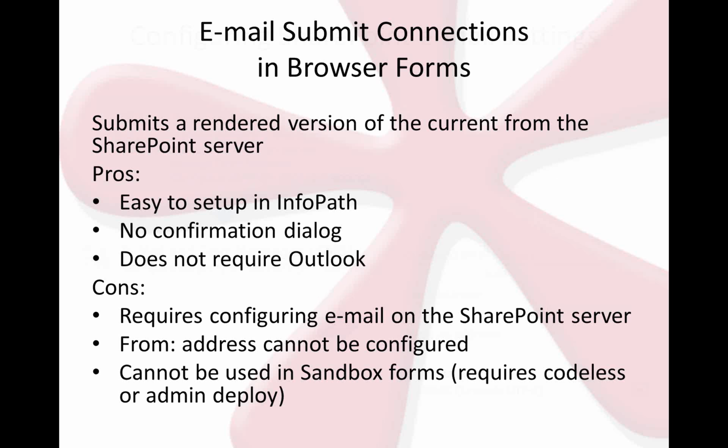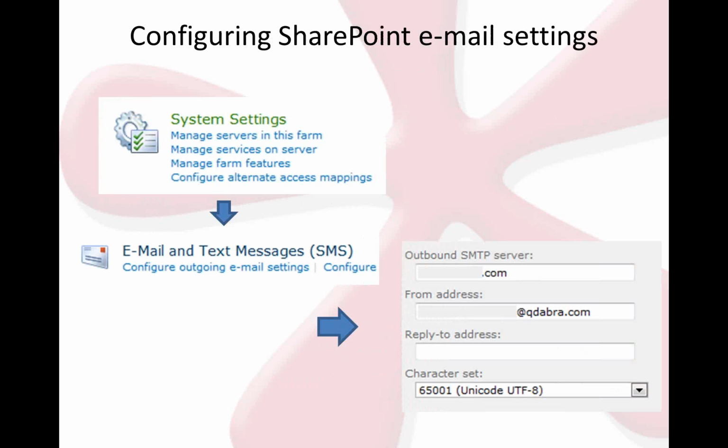So, as I said, using this type of submit requires some settings in SharePoint Central Admin. To set these up, an admin would have to go to the system settings, then click configure outgoing email settings, and then set up a few fields here. Basically, you need to have an SMTP server that you can use.